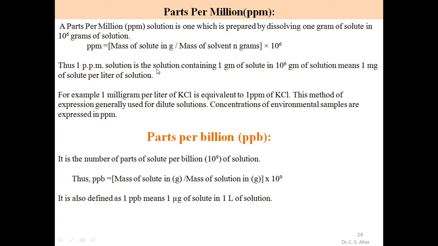Thus a 1 ppm solution contains 1 gram of solute in 10 raised to 6 gram of solution. That means 1 milligram of solute per liter of solution. For example, 1 milligram per liter of KCl is equivalent to 1 ppm.